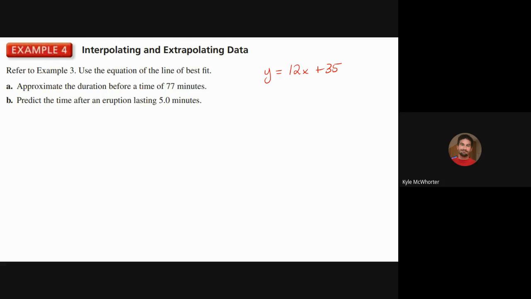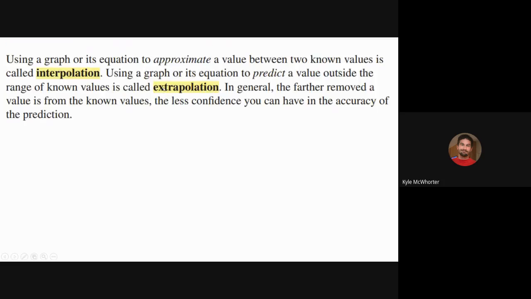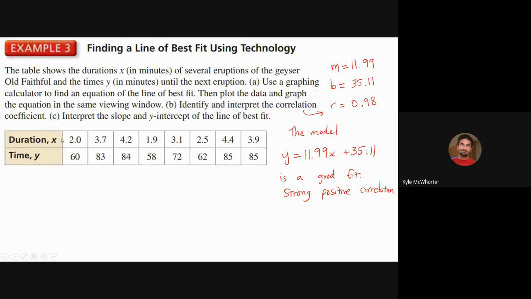Approximate the duration before a time of 77 minutes. So duration, if we look back, was the x value, and the time in between was our y value. So what they're asking for is for us to solve for when y is 77.